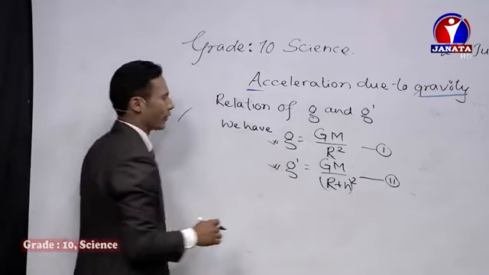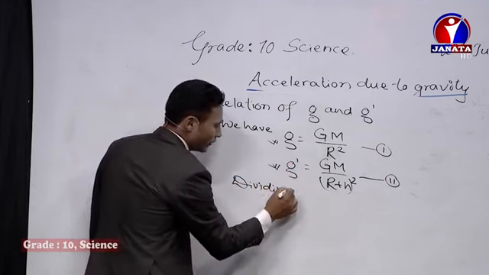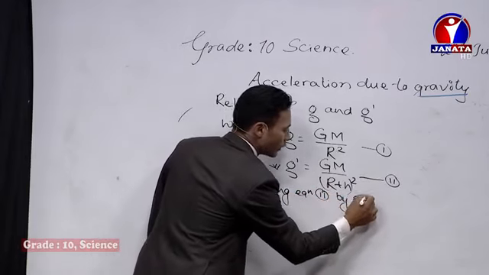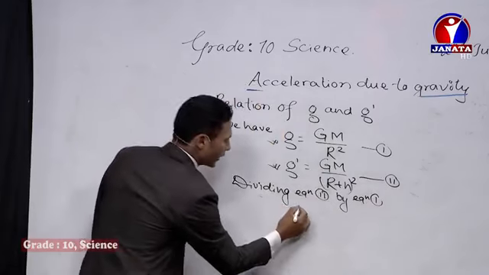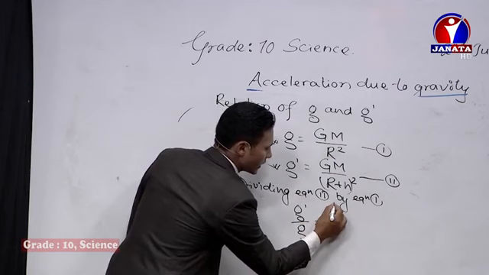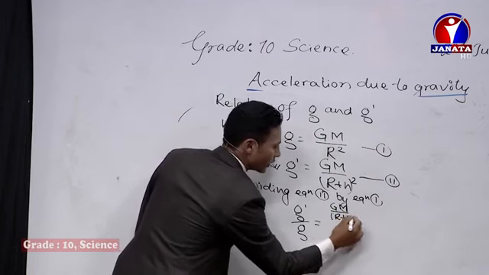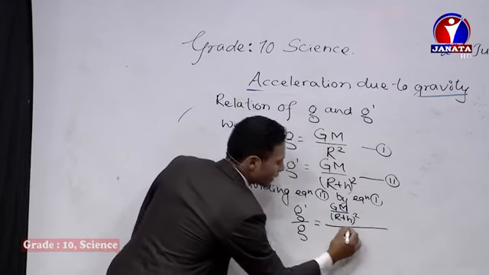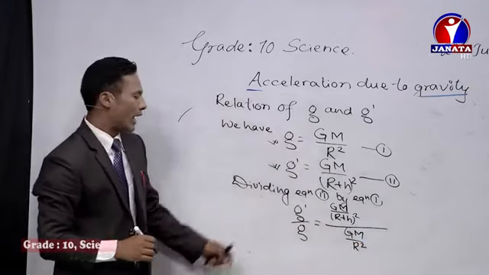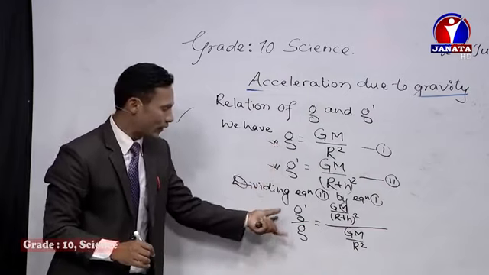Dividing equation second by equation 1, we get g dash by g equals GM by r plus h to the whole square, whole divided by GM by r square. I have divided equation second by equation first, so we get this.